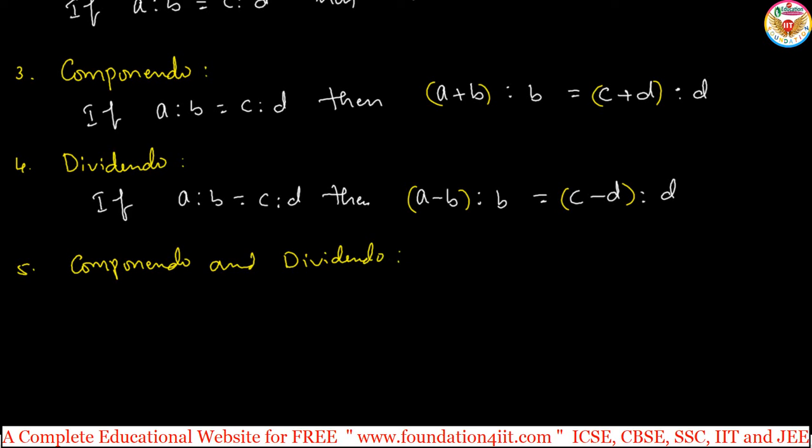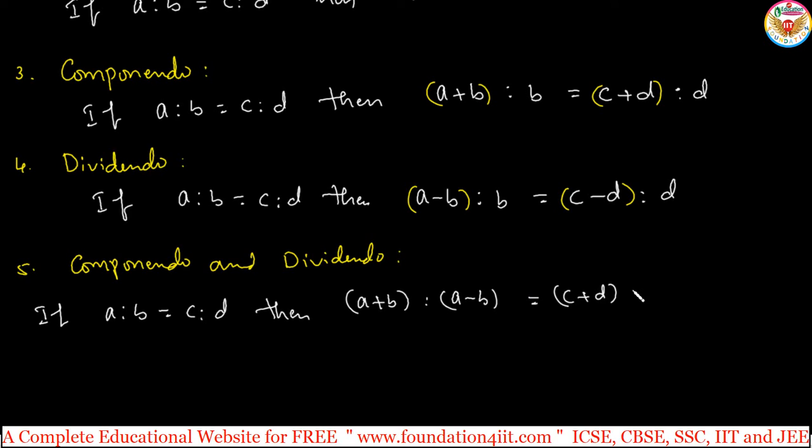If A is to B is equal to C is to D, then A plus B is to A minus B is exactly equal to C plus D is to C minus D. You can take one example and check, it will be the same. So addition in the numerator, subtraction in the denominator: A plus B by A minus B is equal to C plus D by C minus D.